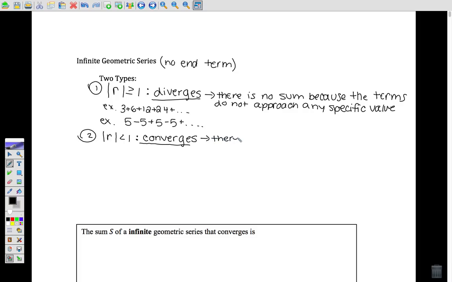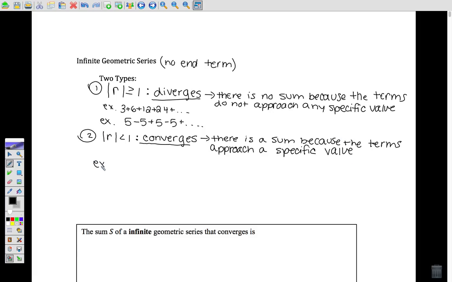So there is a sum because the terms and the sum approach a specific value. They're approaching 0 because they're getting so small.